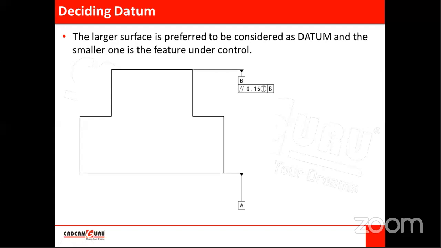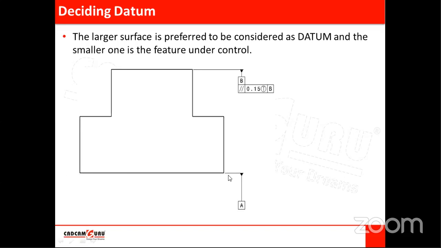The designer has to think from all points of view, meaning how it will be convenient to manufacture. When we expect this surface as a datum feature and this surface as the feature under consideration, at the time of manufacturing also we have to hold the component in the same way, aligned with the datum feature simulator.